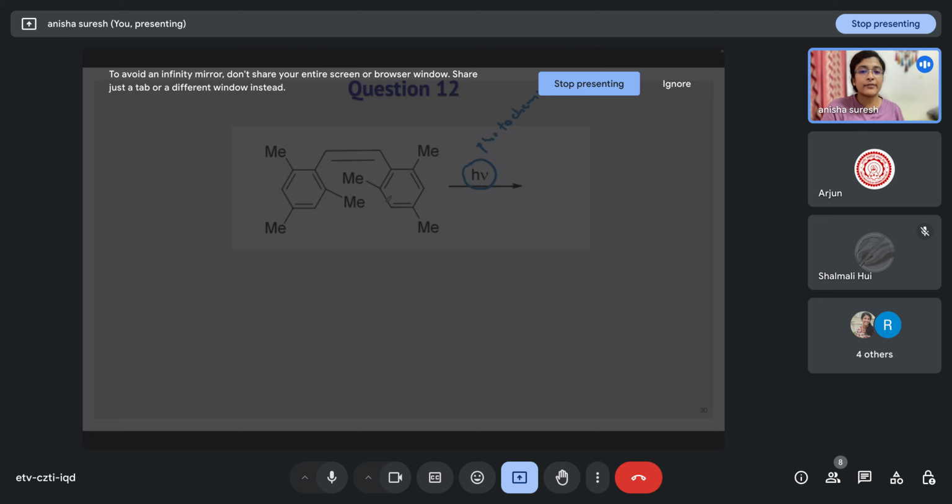Which mode of rotation will it follow, or which number of electron system is it? 6 pi electron, conrotatory in case of photochemical condition. So it is a 6 pi electron system, and it will follow conrotatory mode of rotation, photochemical, according to Woodward-Hoffmann rules.